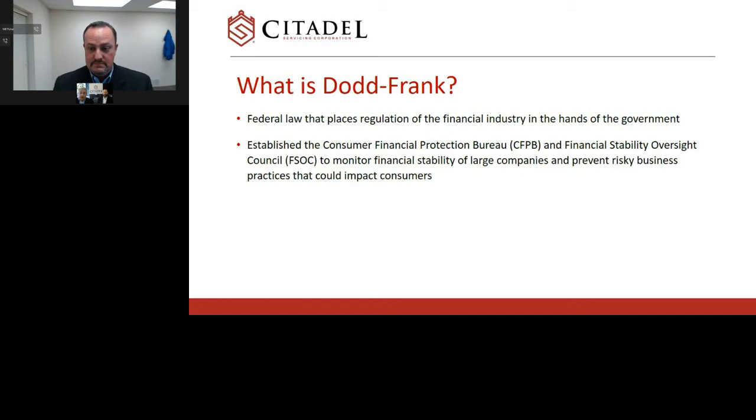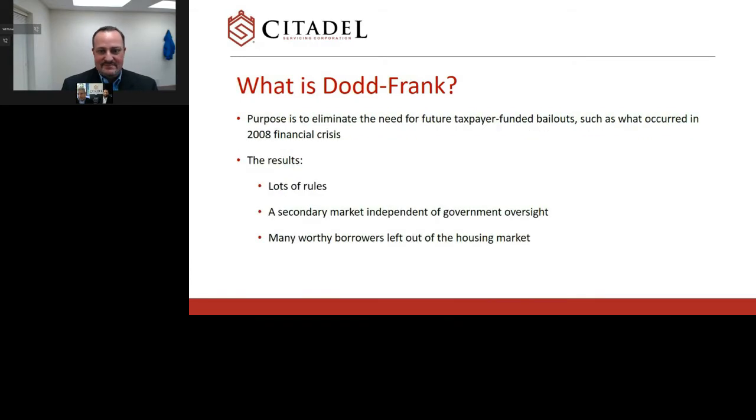And so part of Dodd-Frank, or our outside Dodd-Frank product, we're going to talk about loans that are not afforded those protections, and how we make loans outside that, and how it does not lean on the U.S. taxpayer or the government whatsoever, and we can keep moving forward with it. So let's get into what else is going on with Dodd-Frank. Basically, as I just mentioned a second ago, the purpose is to eliminate future taxpayer bailouts.